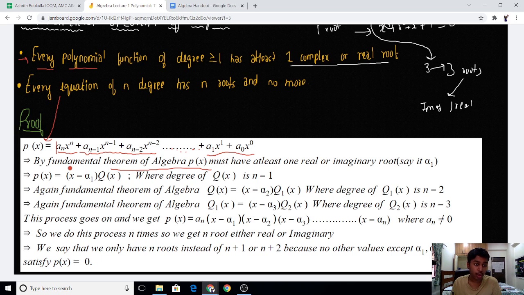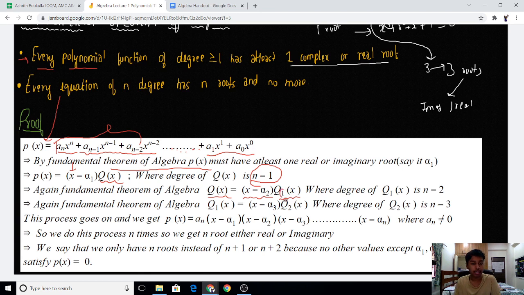Now, because I've taken 1x common from this, q of x will have a degree n minus 1. And similarly, I'm going to write q of x, because even q of x is a polynomial, and every polynomial of degree greater than or equal to 1 will have a root. So again, I can write q of x as x minus alpha 2 into q1 of x.